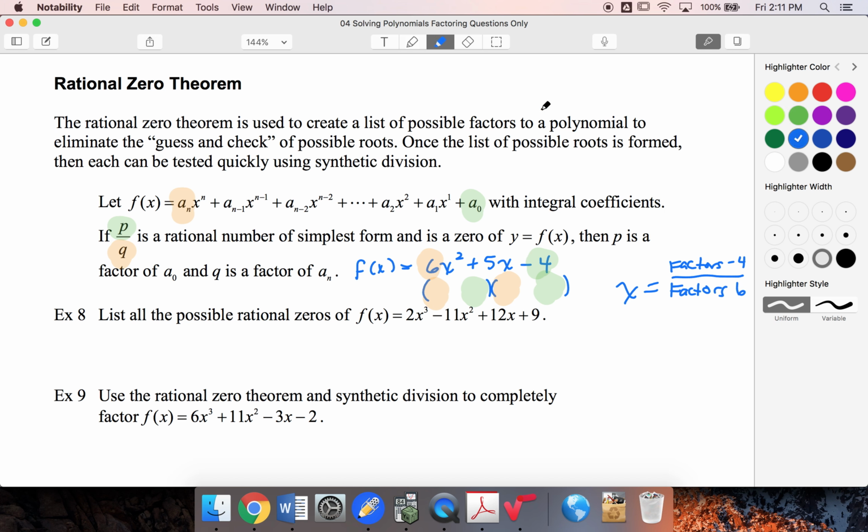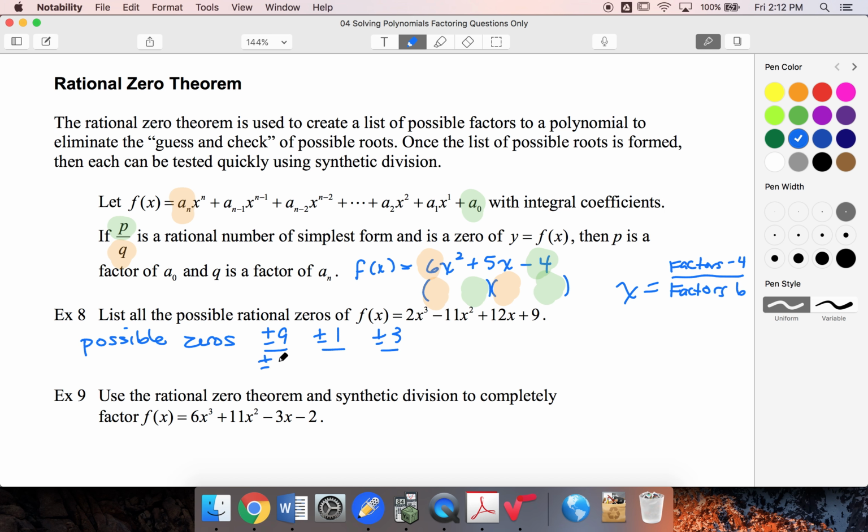So let's go down to our specific example here. All the possible rational zeros of 2x cubed minus 11x squared plus 12x plus 9. Well, my possible zeros, I know that 9 has factors of plus or minus 9, plus or minus 1, and plus or minus 3. I'm going to divide those by my factors of 2.